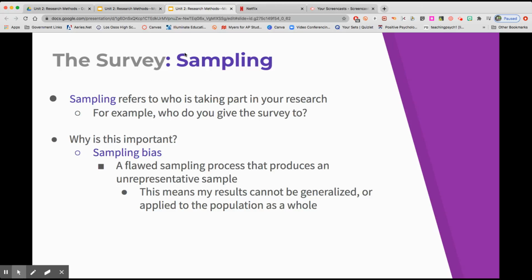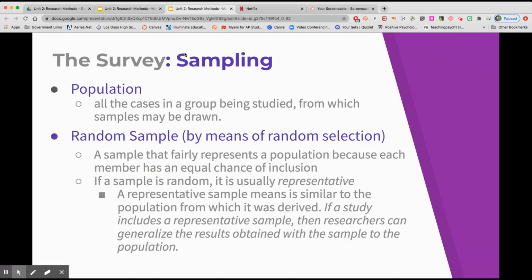Generalized means applied to the population as a whole. If I ask only Democrats and Republicans and say, here's what Democrats believe or here's what Republicans believe, then maybe that's okay. But if I'm trying to generalize to all the people in the United States, that's sampling bias. Not too much more. Okay.